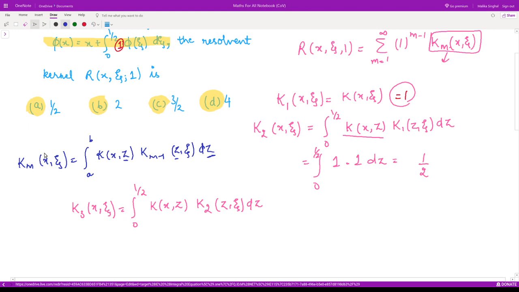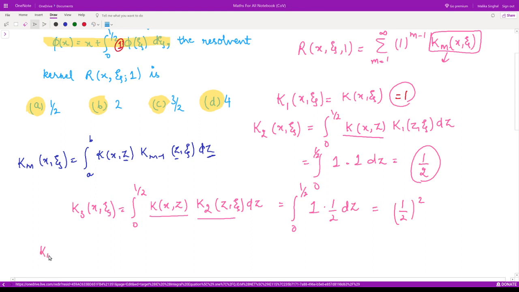So this is the definition, right? Accordingly, we have integration from 0 to half of 1, and K2 has the value half, and integration is with respect to dz, so it would be 1 by 2 raised to power 2, right?